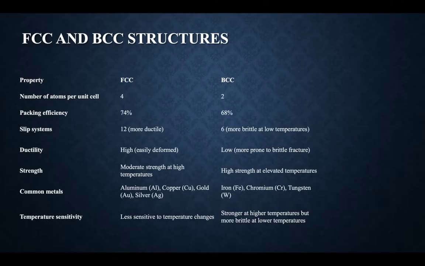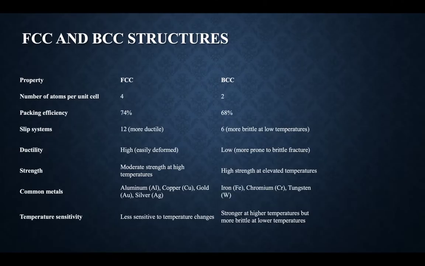Ductility. FCC has high ductility, which means it can be easily deformed, whereas BCC has low ductility, which means it is more prone to brittle fracture. The strength of FCC is moderate at high temperature, whereas BCC has high strength at elevated temperature.